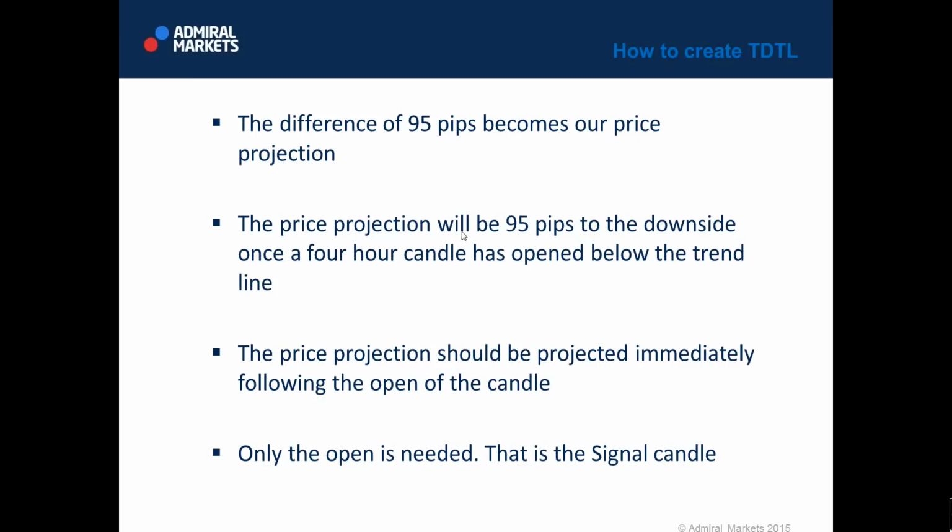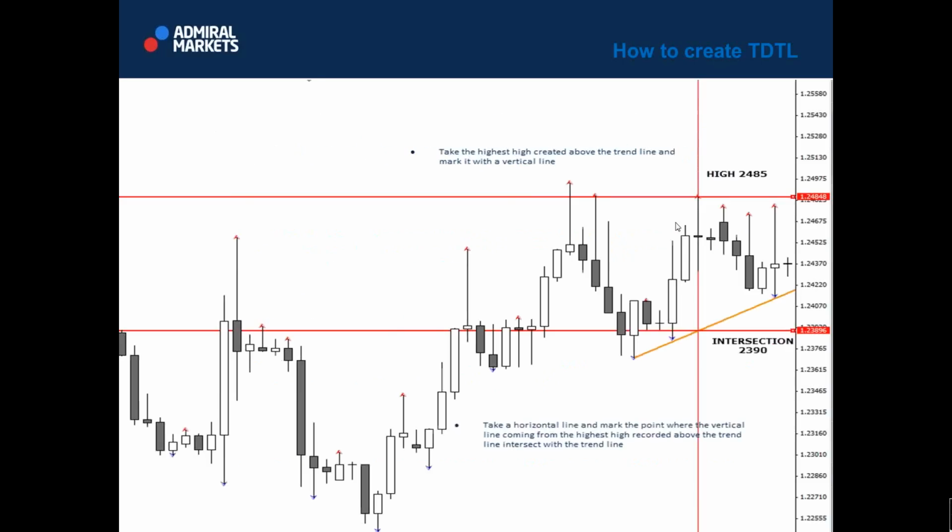Now the price projection will be 95 pips to the downside once a 4-hour candle has opened below the trend line, because Tom DeMark is saying that you should trade the 4-hour time frame. Now guys, this is also an additional difference between the classic school and the Tom DeMark school.